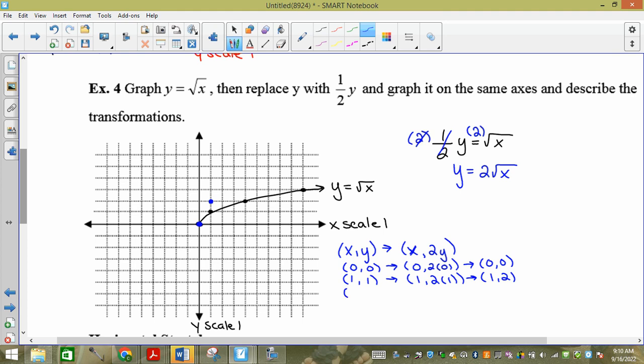And then 4, 2 is going to become 4 and 2 times 2, which is 4, 4. And then the other one is going to go off. So something like that. So it seems like it's making it taller, right? Stretching it vertically.